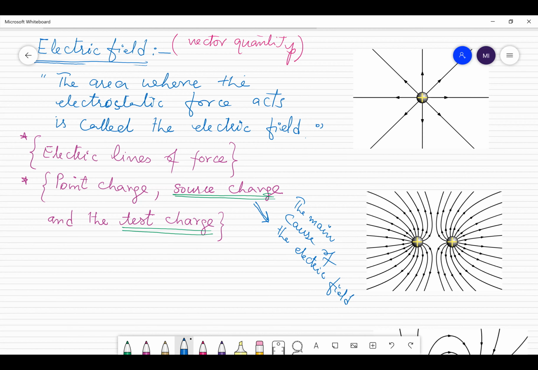Now the test charge is also a charge. It is not just any random thing. It is also a charge. But what kind of charge is it?